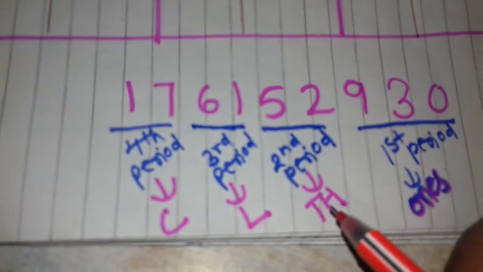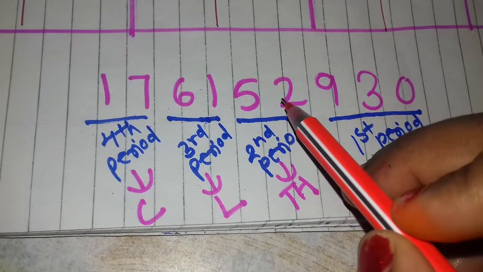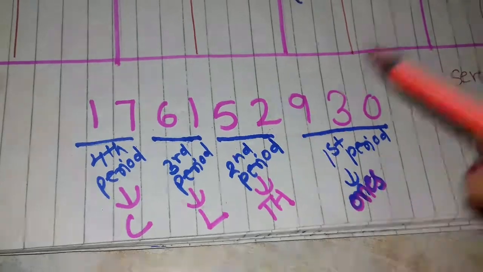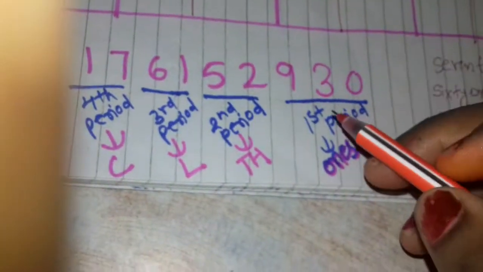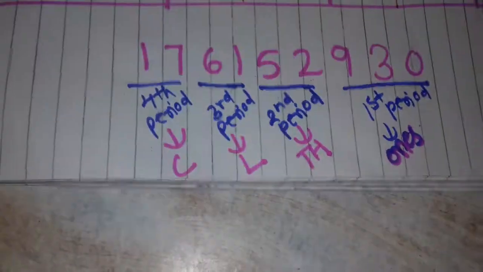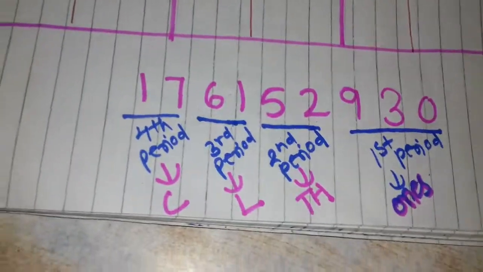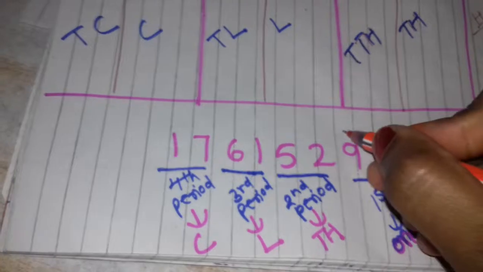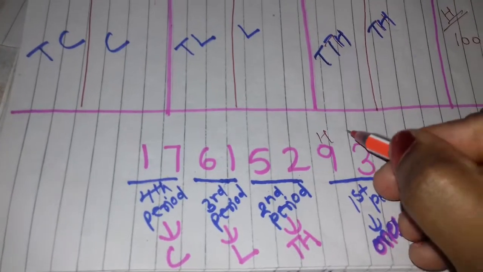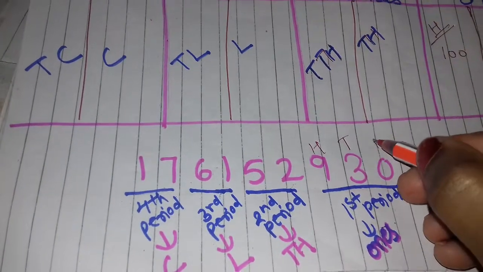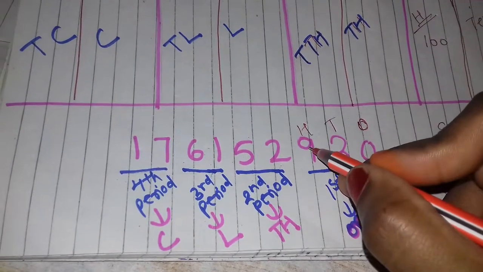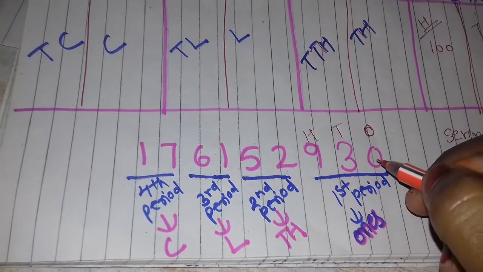Then the next period is the thousand period. So thousand, 10,000 means 52,000. Now the next one is the ones period, in which 930: 9 is at hundred place, 3 is at tens place, and 0 is at ones place, as three places are given: ones, tens and hundred.